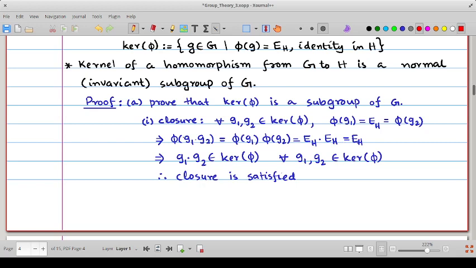So that means under phi, G1 times G2 gets mapped to EH. Therefore, G1 G2 is also an element of the kernel of phi. So the kernel of phi under the group multiplication satisfies the closure property.